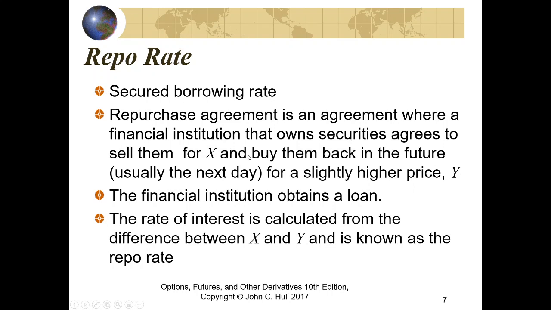Why will a company do this? Again, there might be a shortage of funds that the company requires to cover some of the deficits it has with the central bank or with other commitments.